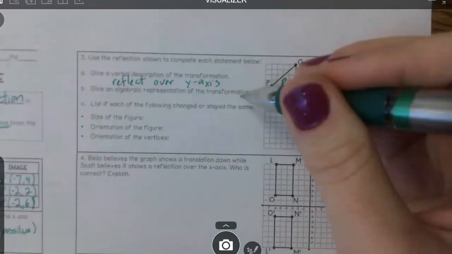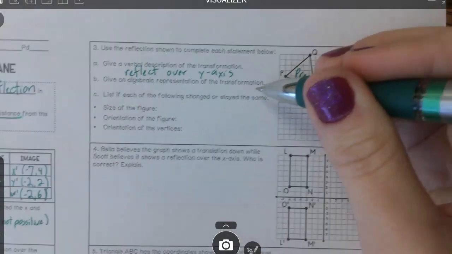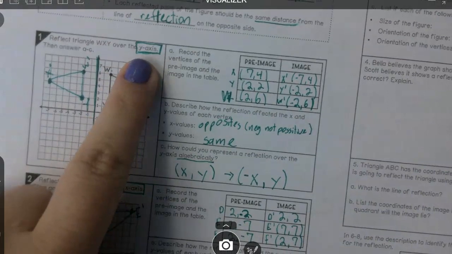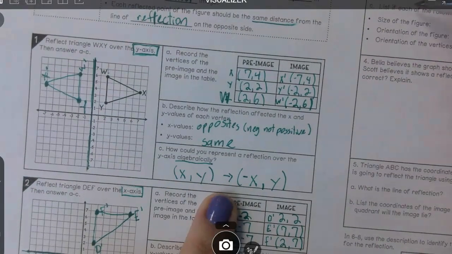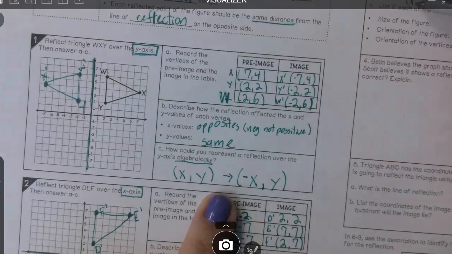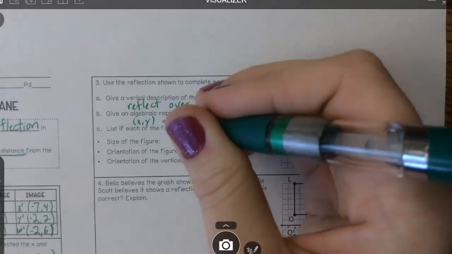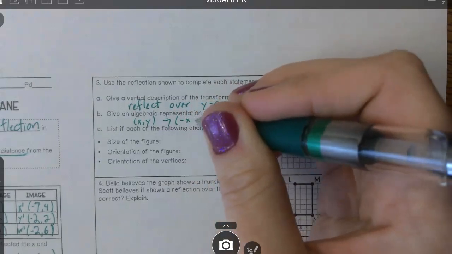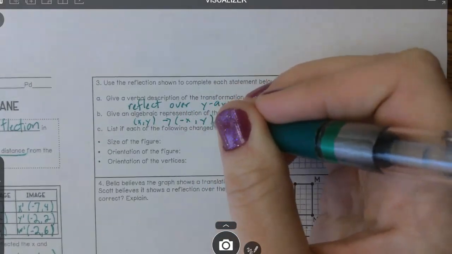So if we were going to show this algebraically, I'm going to use my notes. Remember that when we went over the y-axis, this is how we show it algebraically: xy goes to the opposite of x, and the y's stay the same.